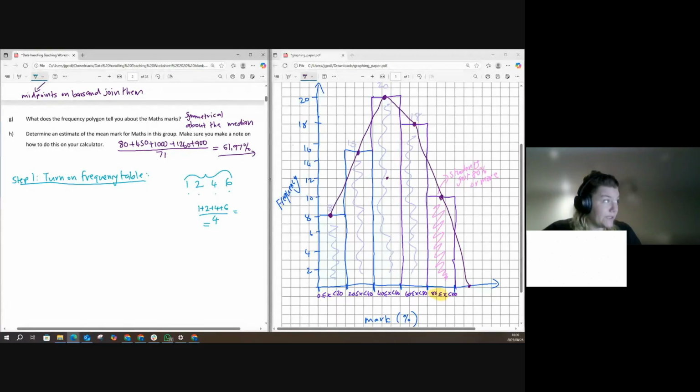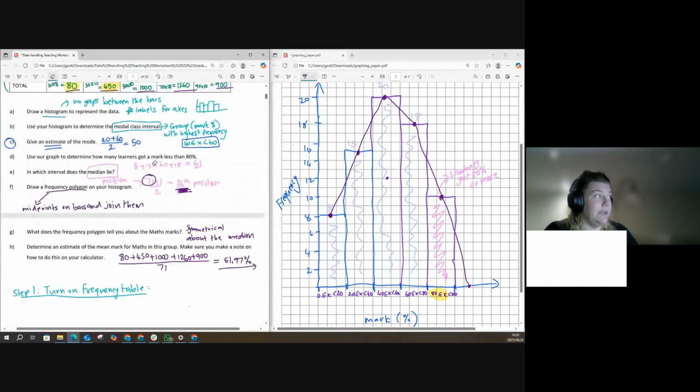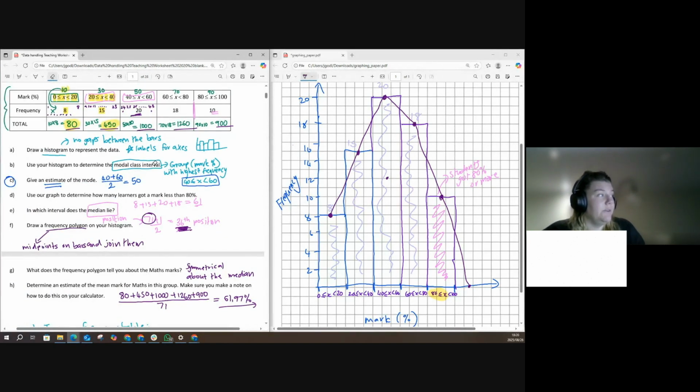In the grouped data, it's slightly different because we don't have the exact numbers. When we're doing an estimated mean with group data, we first have to get these total values, which was the midpoint of the group times the frequency. So that's where we got our 80. The midpoint 30 times the frequency got our 450.